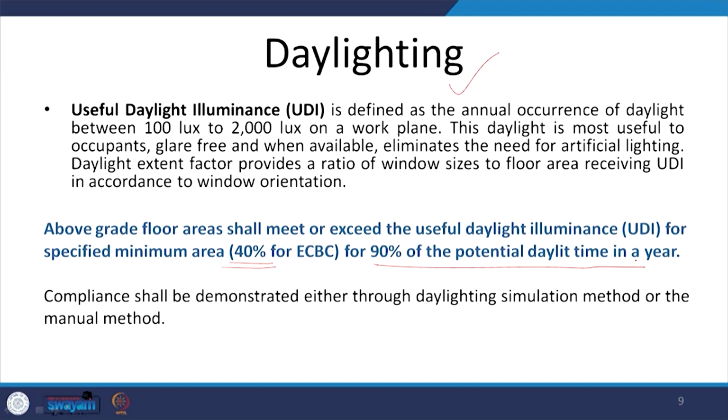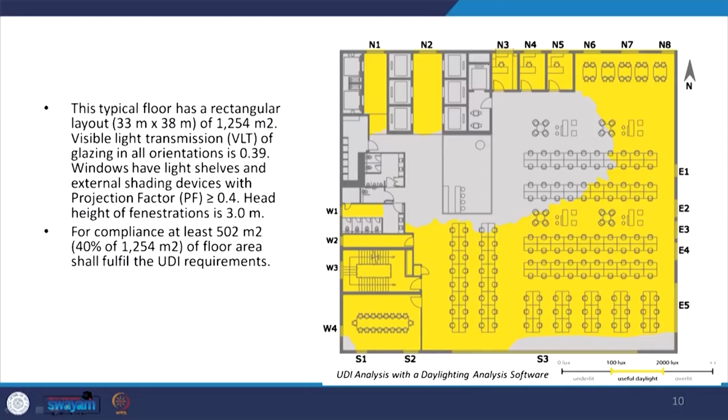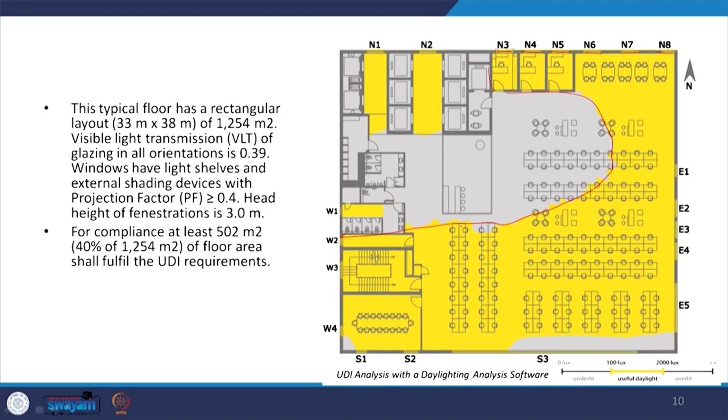Now, when we are talking about the compliance here, what we are looking at is the daylit areas. So, these are the windows, if you can see. From these windows, this particular plan is using a simulation software where the daylit areas have been calculated. These daylit areas have been calculated taking into account that this area remains daylit for 90% of the daylight time in the year, and the minimum that is required is 40%.